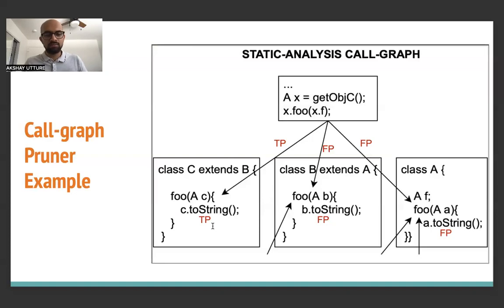However, we know that only the c.toString call is really a null pointer exception, and the other two are really false positives, which stem from the false positives in the call graph. So what can we do about this?